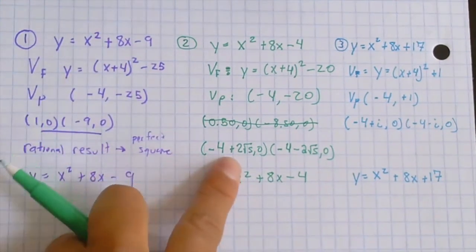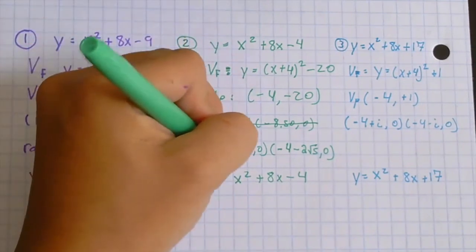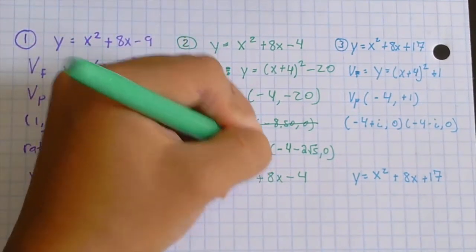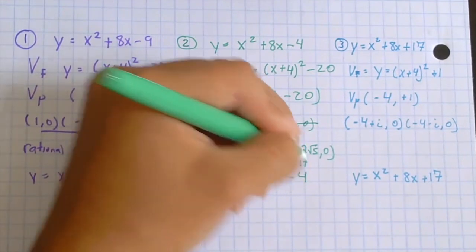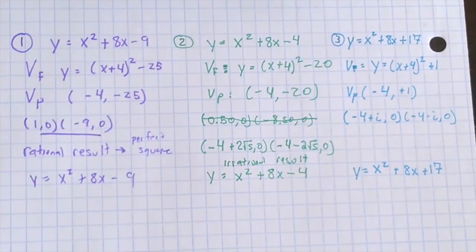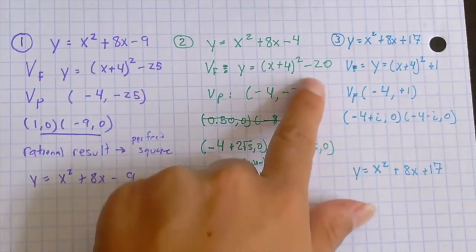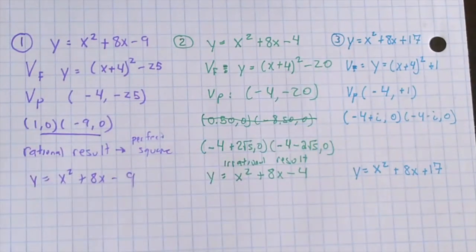Here we have an irrational result, or irrational x-intercepts, because our final term is actually not a perfect square.